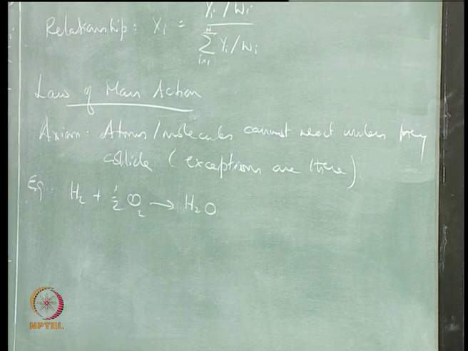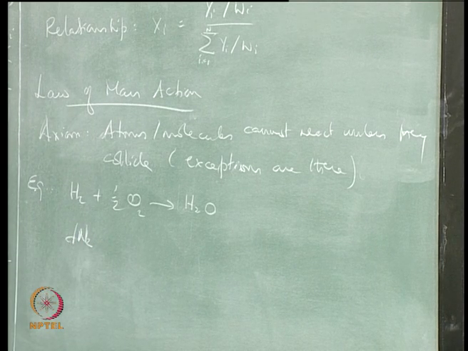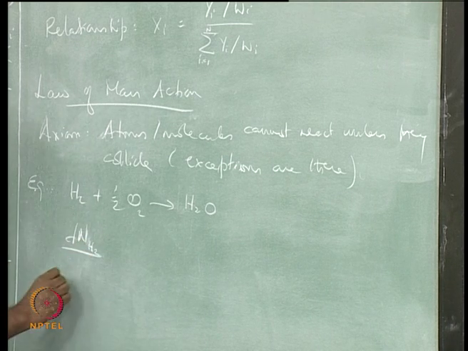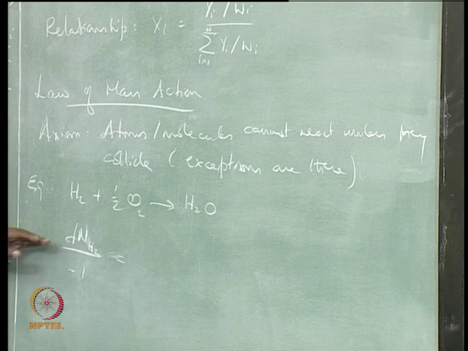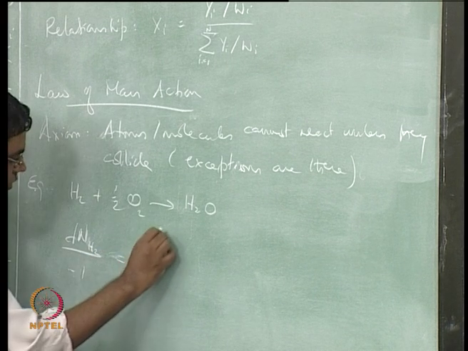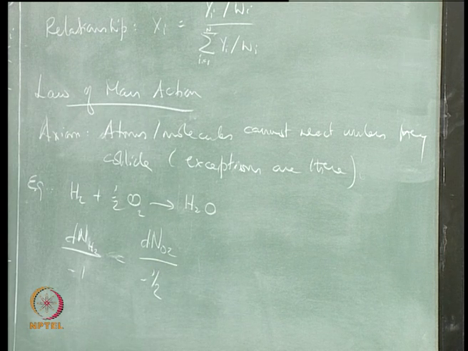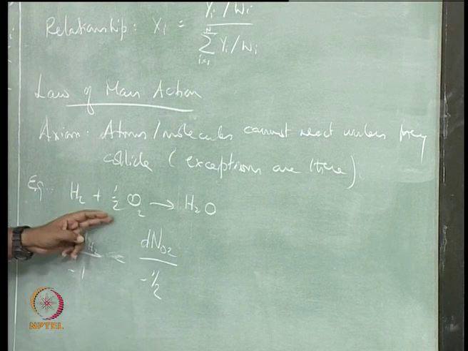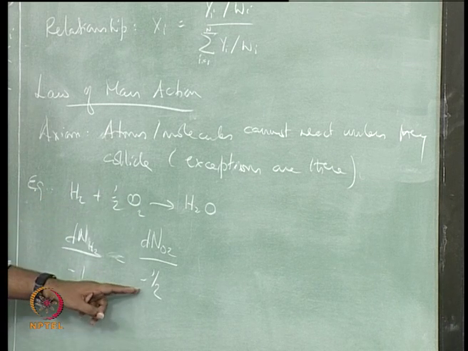Here we can write a change in the number of moles of H2, and then we divide this by -1 to indicate that this change is in the manner of depleting, and similarly we write the change in the number of moles of O2 divided by -half to indicate that you have half a mole that goes for every 1 mole of hydrogen, and therefore you have negative.